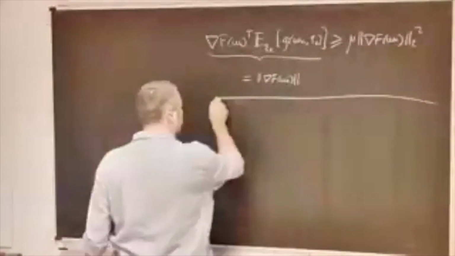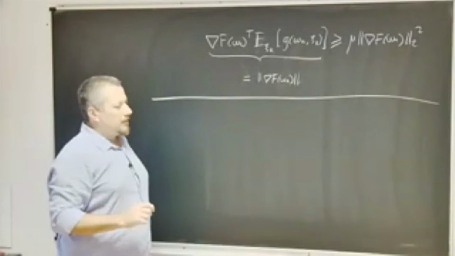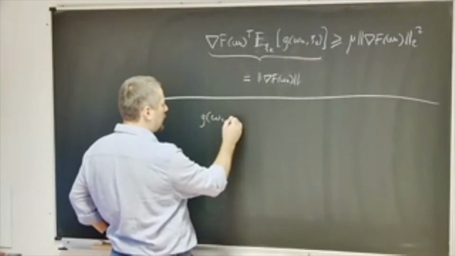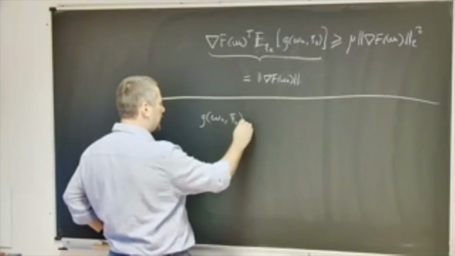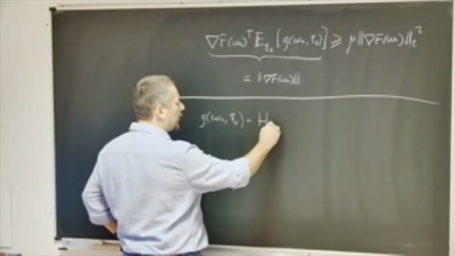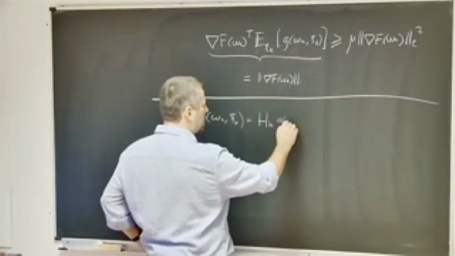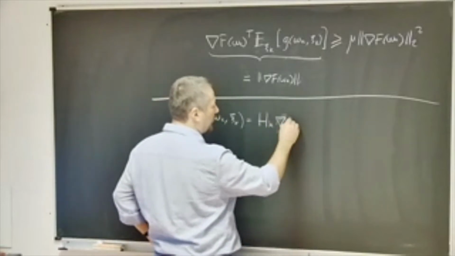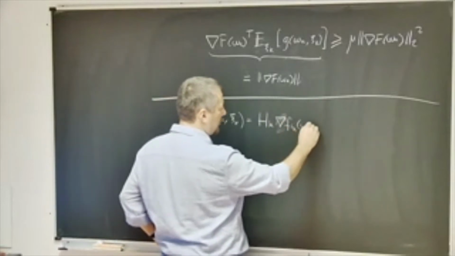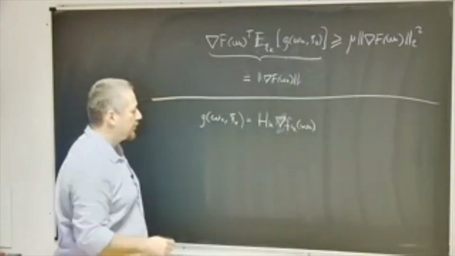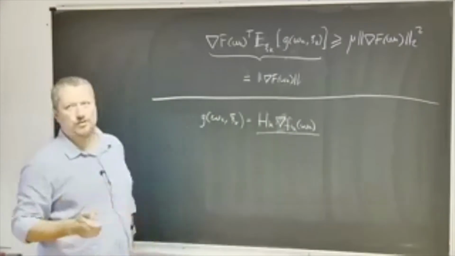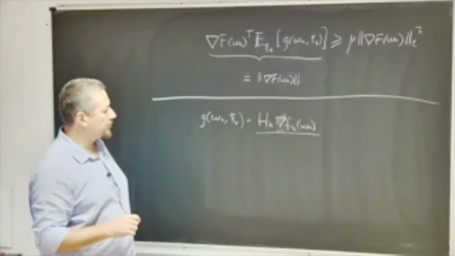And actually it's very easy to see, because now our stochastic gradient is not just the gradient but H_k times it, let's say, just do it for one point, the gradient at one point. So now this is our step in this new version of the stochastic gradient descent algorithm.